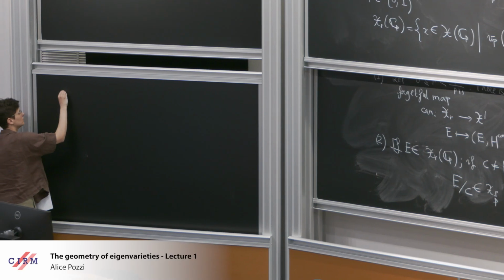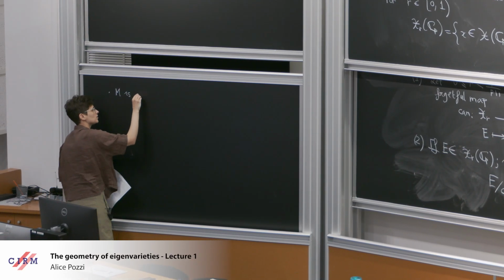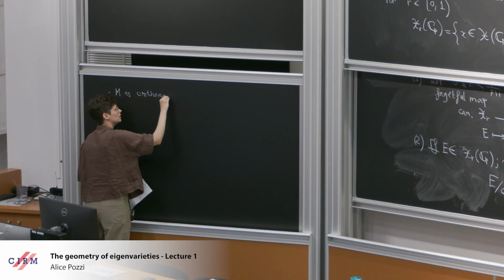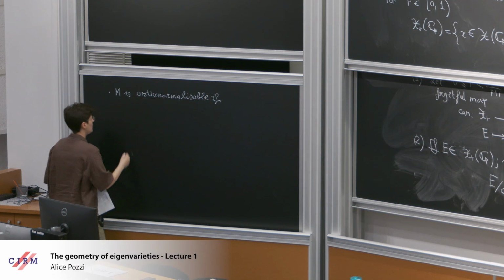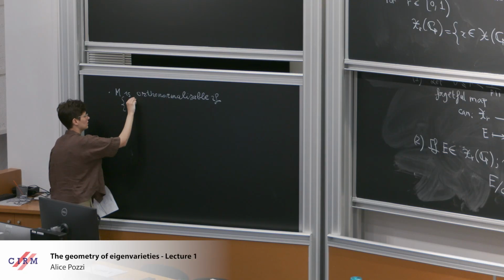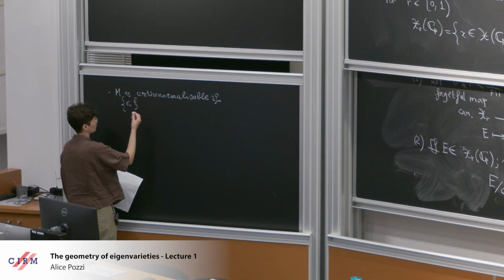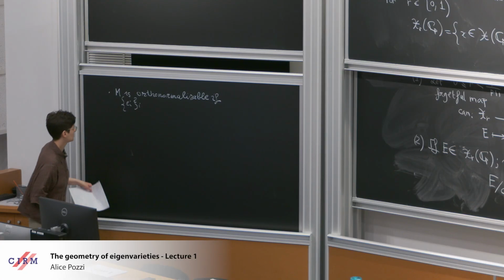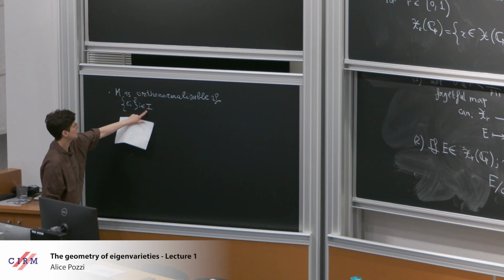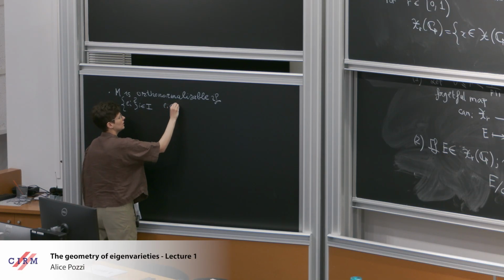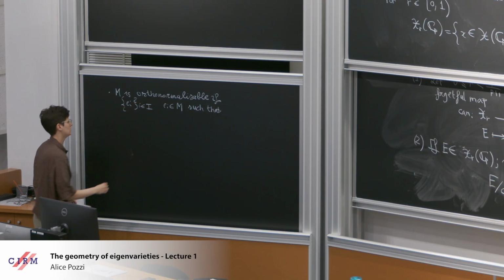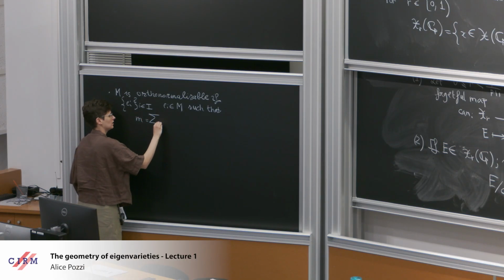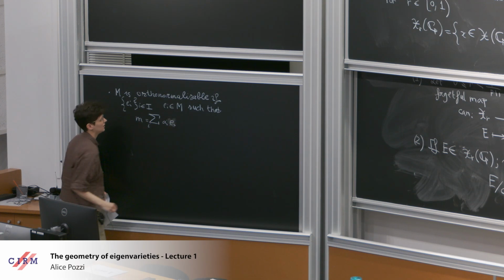We say that M is orthonormalizable if it contains what you would imagine being an orthonormal basis in this setting, so this is pretty intuitive, a set of elements such that I can write every element in M as some coefficients multiplying AI.